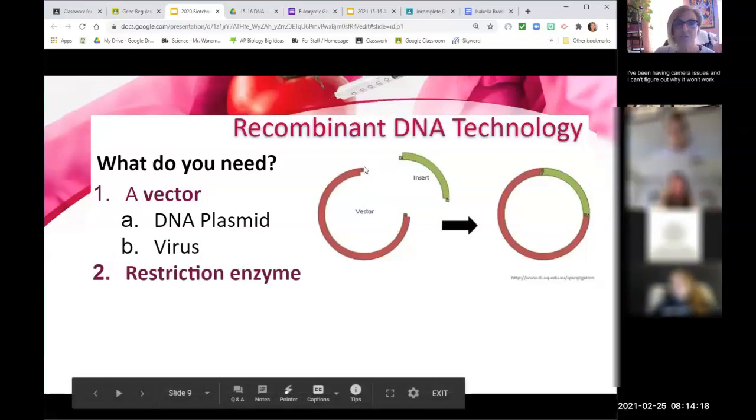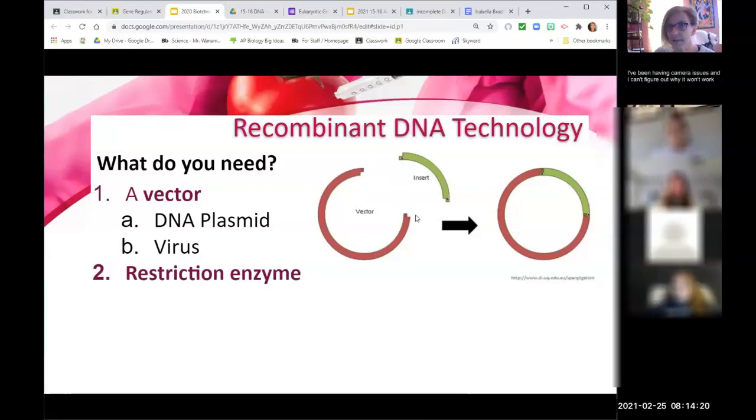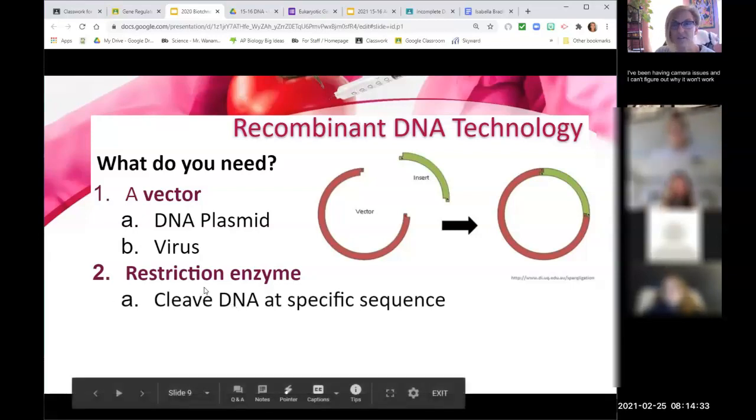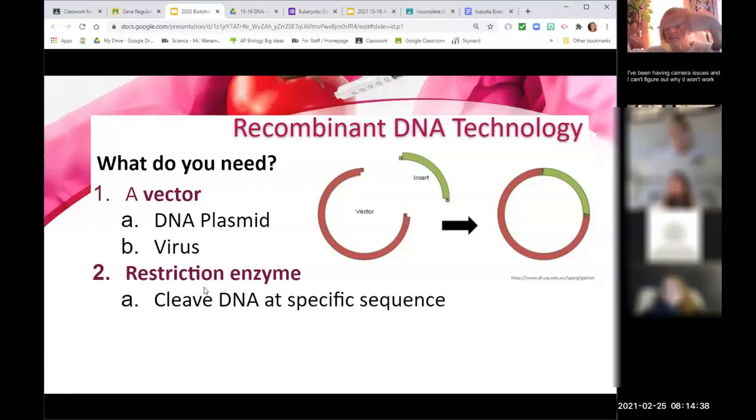We need a restriction enzyme in order to cut this plasmid so that we can fit a new piece of DNA in. Restriction enzymes are found in bacteria. They're actually like their immune system. The restriction enzymes are used to restrict the life of a virus, so they're going to cut up viral DNA.